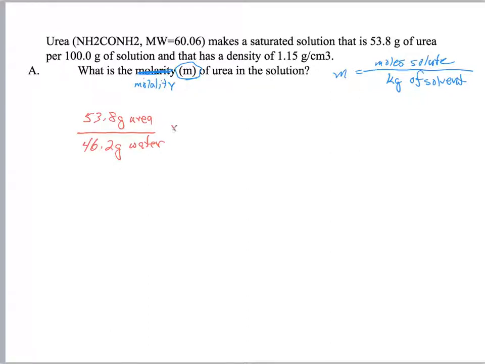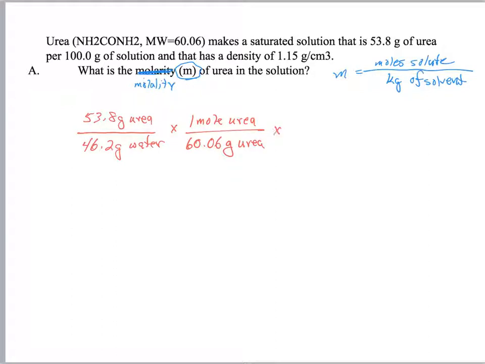And we're given the molecular weight, so we know that 1 mole of urea is 60.06 grams of urea. That will give us moles of urea per gram of water.